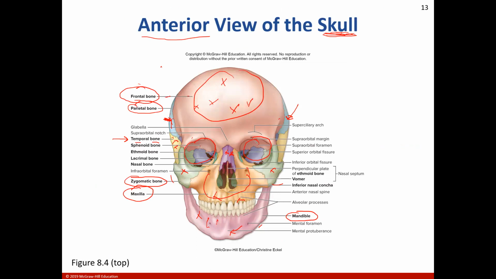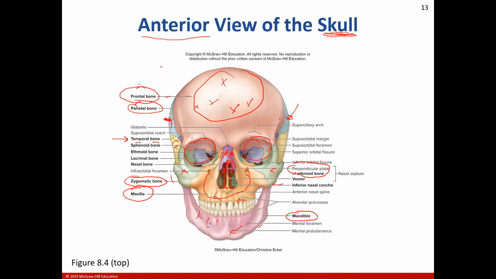So here's the frontal bone, left and right. Then right below that, now this is really important, this area is your nasal cavity. And there's a septum that separates the right and left. A septum is a tissue that separates two compartments. In this case, it's two sides of the nasal cavity. So the top part of the nasal septum, which is right here, is called the perpendicular plate of the ethmoid bone.